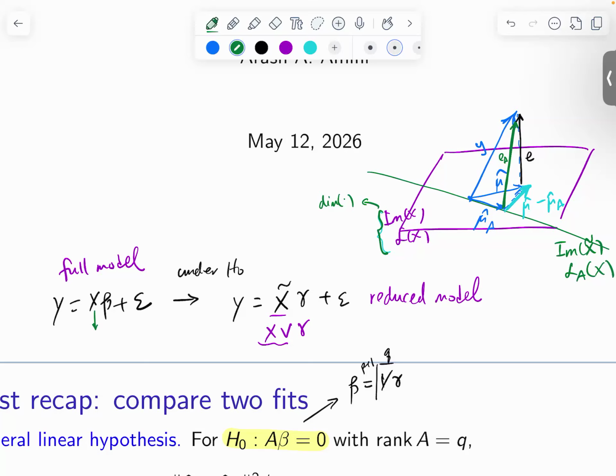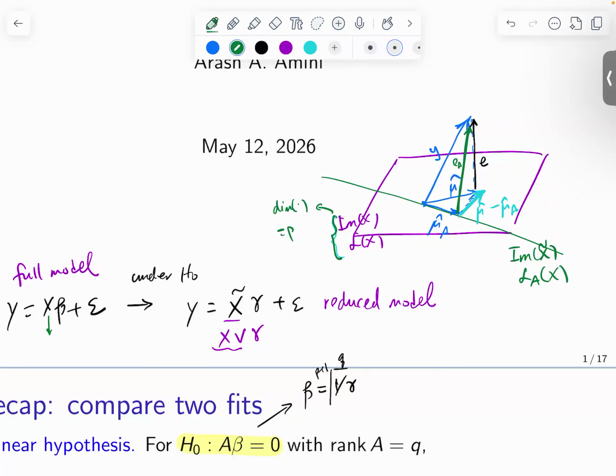What would be the rank of the matrix, which we assume to be full rank? So the dimension here would be p plus 1. You have p plus 1 variables, and the rank of X is full, full column rank. So the space is p plus 1 dimensional.